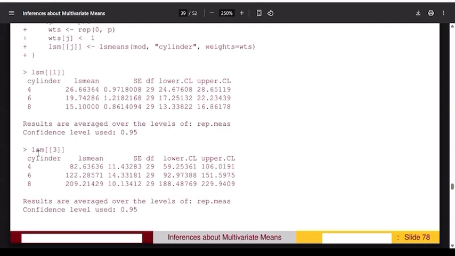Now, if we control for another predictor, this is what I'm going to have. Controlling for another predictor tells us the covariance structure. The standard error here is higher than the one here. At each cylinder, the standard error when I'm controlling predictor three is higher than when I'm controlling predictor one.